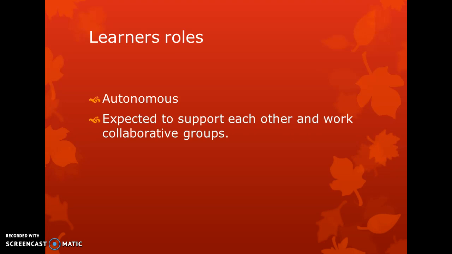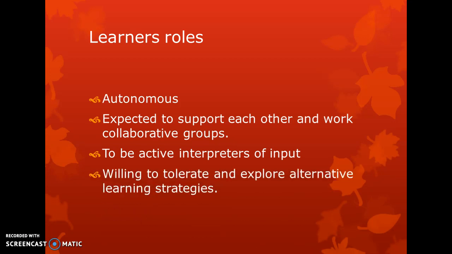Autonomous here means they can be in charge of their own learning process, so they can do it by themselves without anyone's help. They are expected to support each other and work collaboratively in groups, so they need to support each other and interact with each other to learn. They are to be active interpreters of input, and they can also tolerate and explore their learning strategies by themselves.